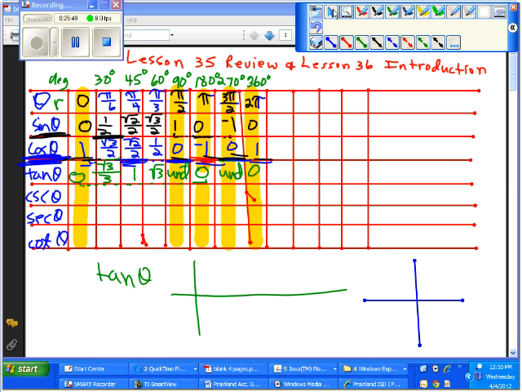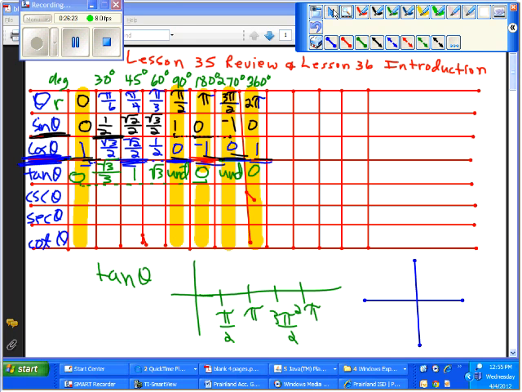Let's put our 2 pi, and then we'll cut that in half and put a pi, and then cut that in half and put a pi over 2, and then we'll cut that in half and put a 3 pi over 2.